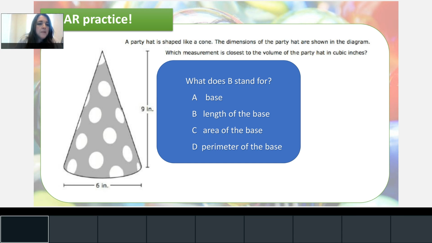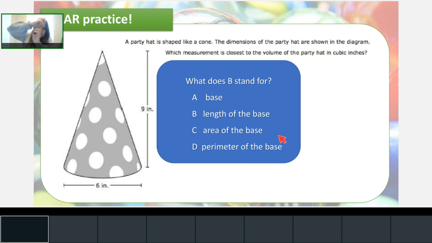All right. A party hat is shaped like a cone. The dimensions of the party hat are shown in the diagram. Which measurement is the closest? We know that. So here it's asking, what does B stand for? Well, I just told you, right? So let's see if you could get it. Is it base, length of the base, area of the base, or perimeter of the base? Is it the area of the base, the big base, baby?